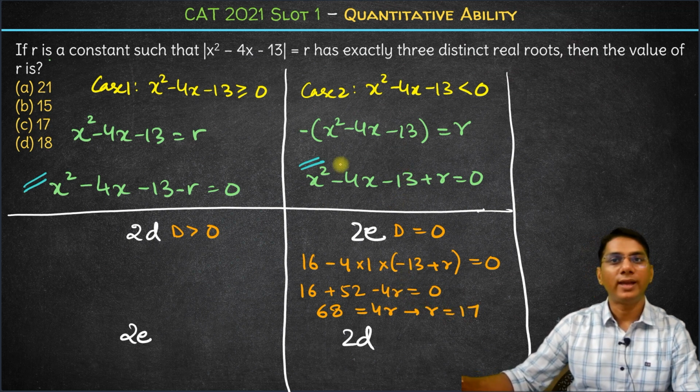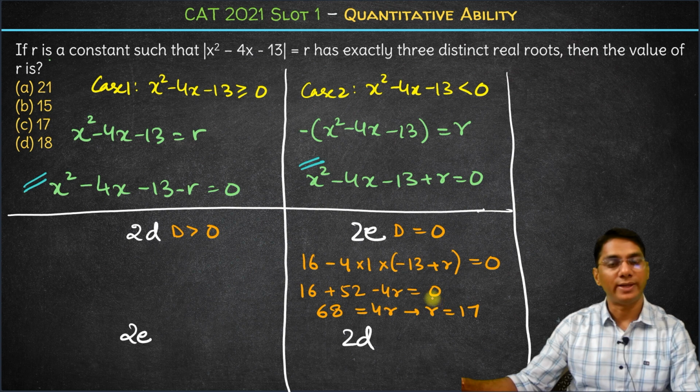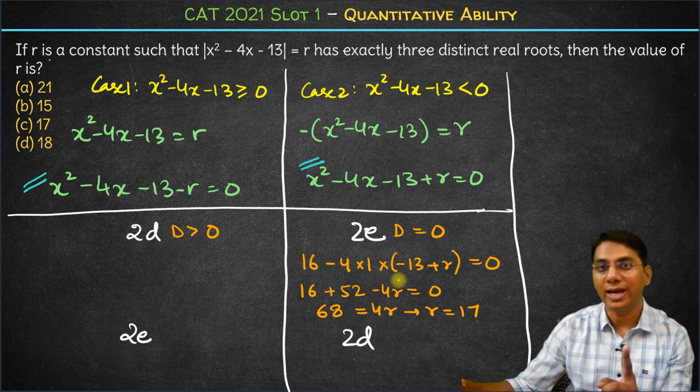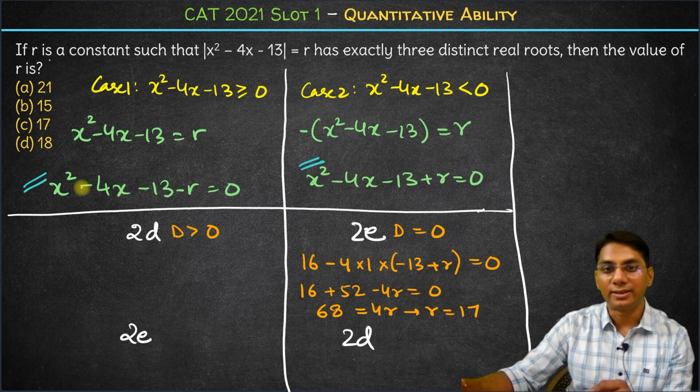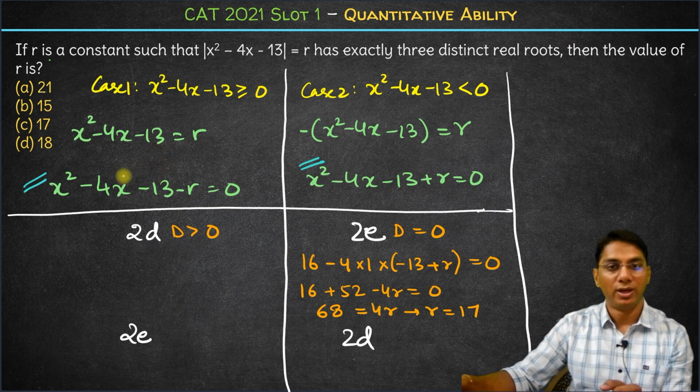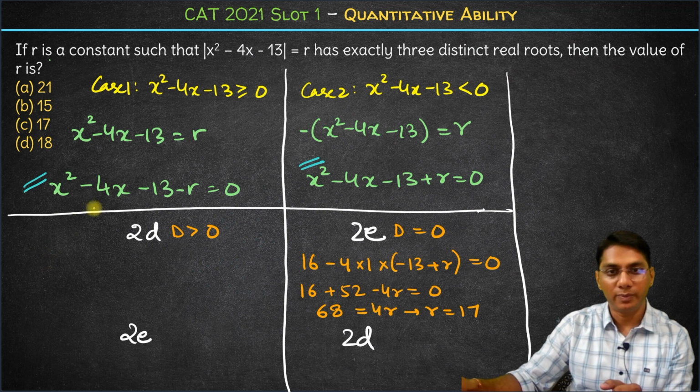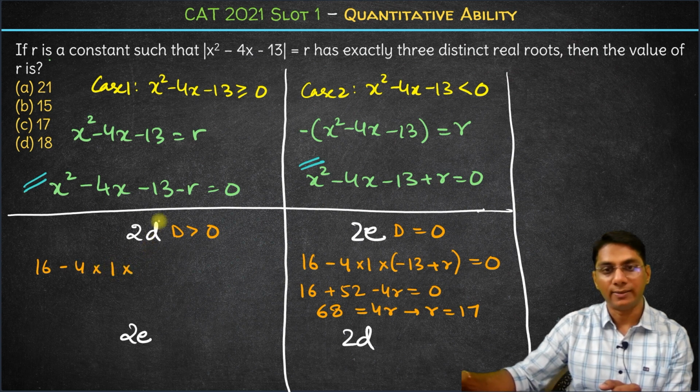So this quadratic will have equal roots when r is equal to 17, and now you have to make sure that when r is 17, the discriminant of the other equation is greater than 0. The discriminant will be b square, which is 16, minus 4 into a, which is 1, into c. Now c here will be minus 13 minus 17, so c is minus 30.